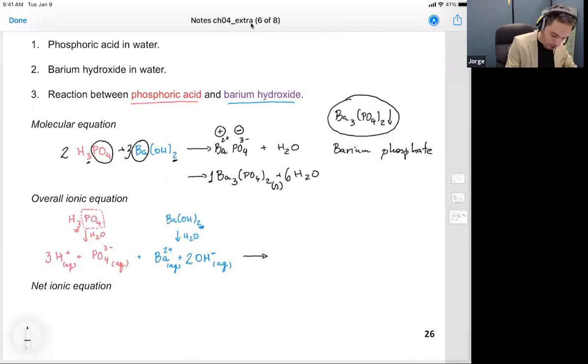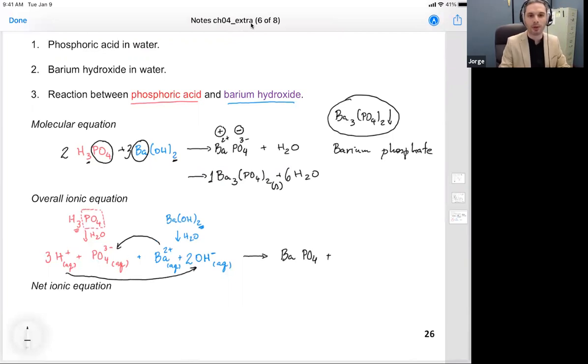Therefore, positive will look for the negative, forming here barium phosphate, and the H+ will look for OH-, forming HOH, which is the same thing as water. Okay, and this is going to be a liquid. And we know from the molecular equation that we have Ba3 and (PO4)2.